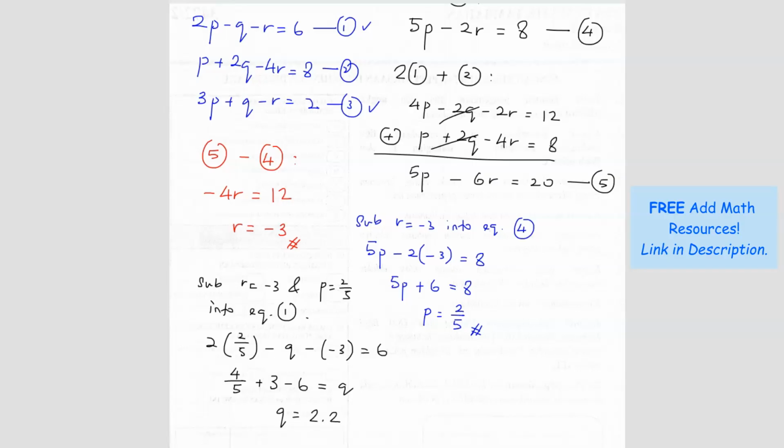Oh wait, sorry, it's negative 2.2. So negative 2.2, or you can also write it in fraction, which is negative 11 over 5. Okay, so these are your answers.